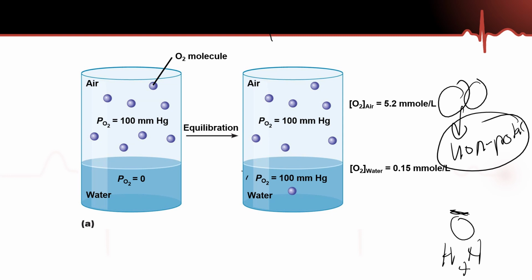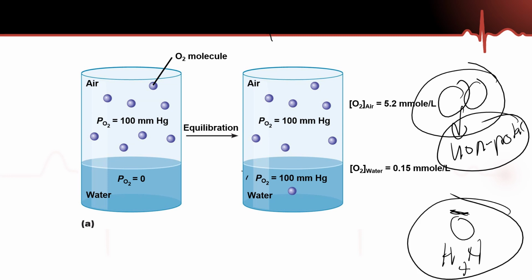So you need to look at what we're trying to get to interact here. We are trying to get atmospheric oxygen, which is incredibly nonpolar, to interact with water, which is incredibly polar. All of these oxygen molecules, all of this atmospheric oxygen, all these dots, they are all nonpolar.